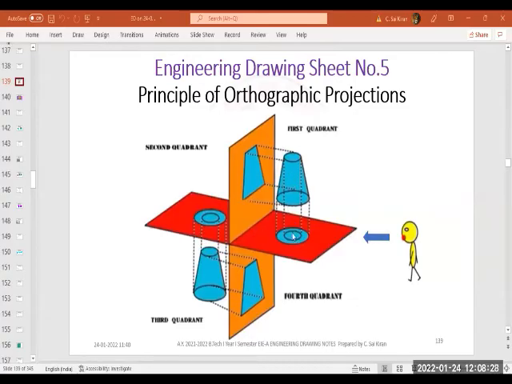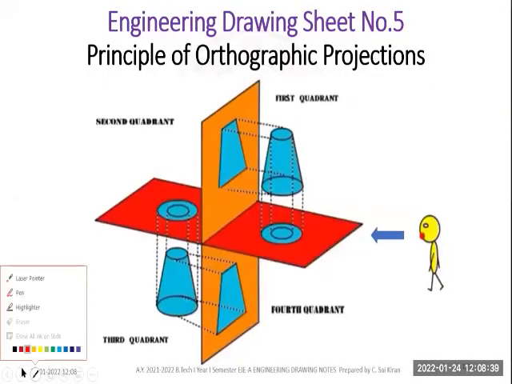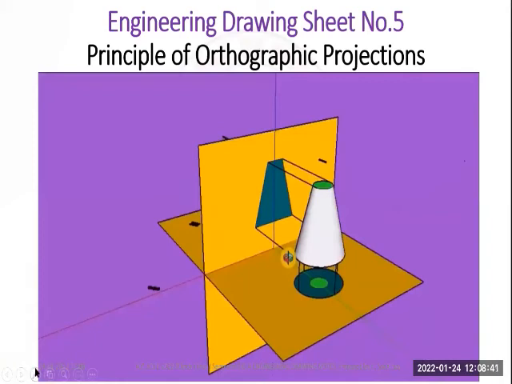This glass is at a certain height from the ground, and this vertical height is called H. Whatever this height from the ground is, it is called the H distance, and whatever this distance in front is, it is called the D distance. We already discussed this in the last class.